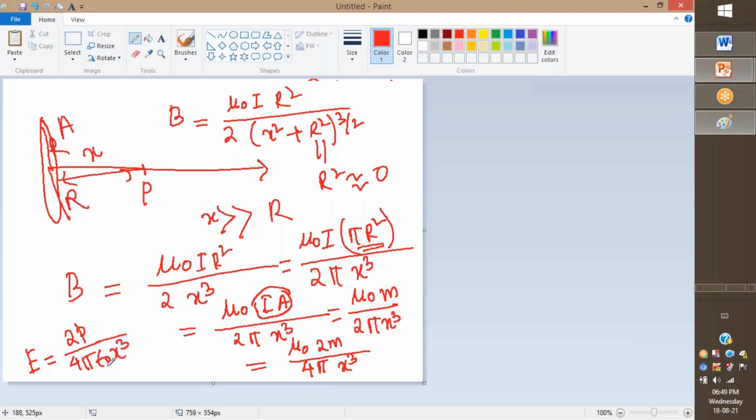I hope you remember this. So you can see these two are actually very similar. This is for electric dipole.